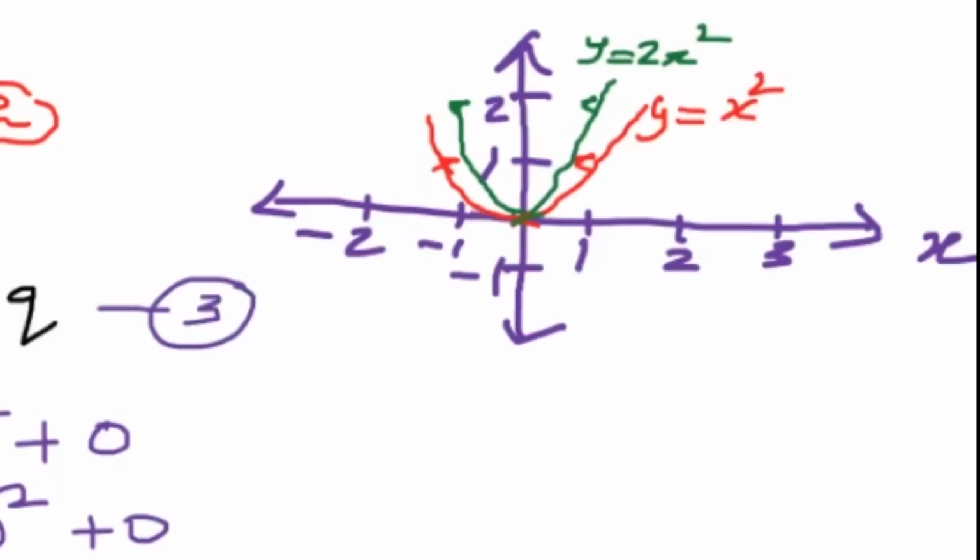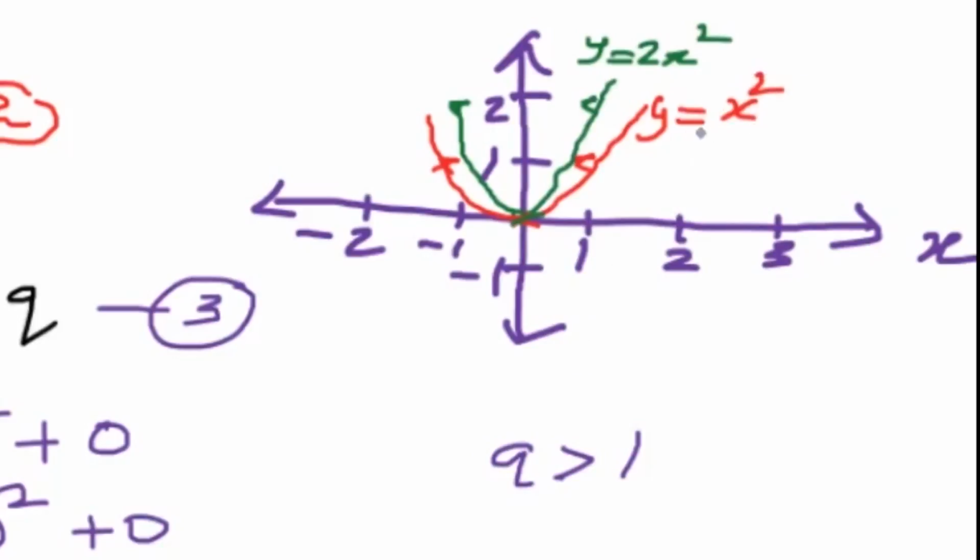Now, let us look at the impact of the value of a. In the next video, we're going to look at the impact of the value of a. That is, if a is greater than 1, what will happen to the function in comparison to the basic function, which is y equals x squared.